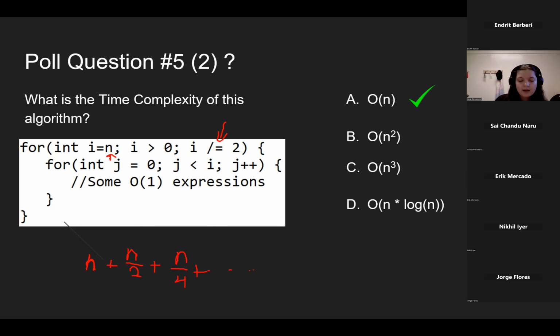And then we're going to have something like n over 4, etc., etc. Now, everyone who said D, I kind of see where you're coming from, considering that we have this divide by 2 each time. However, because j is not executed independently, we cannot say that you have some n multiplying the logarithmic function.